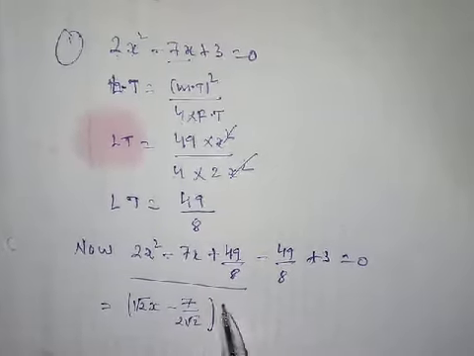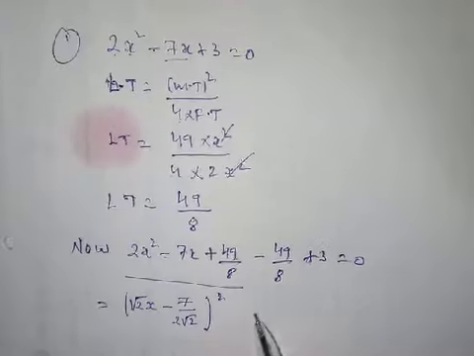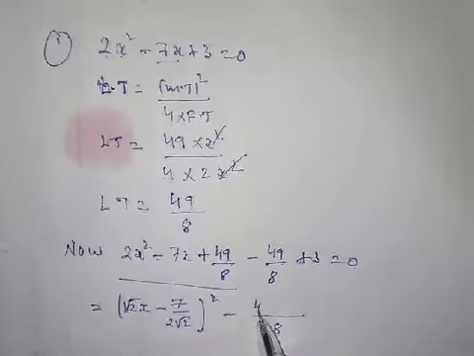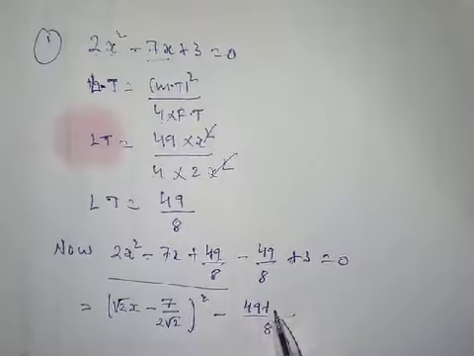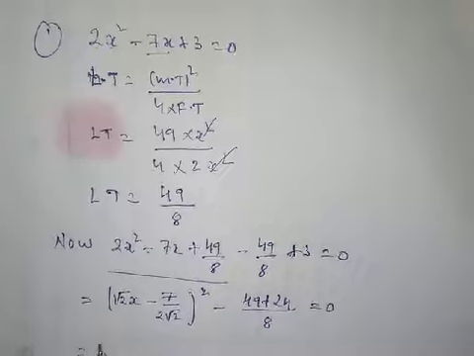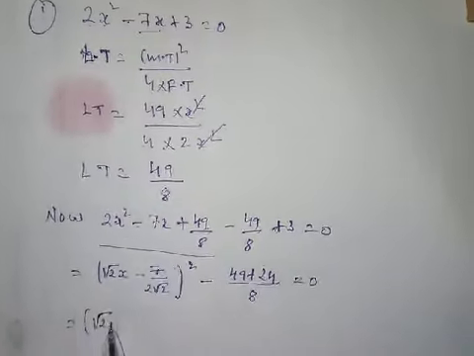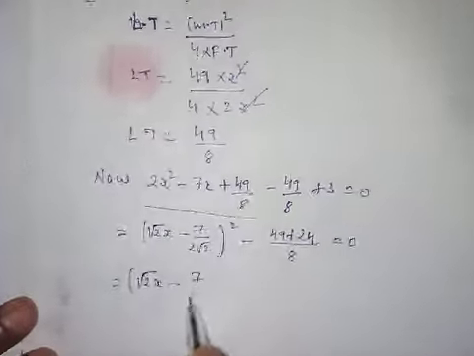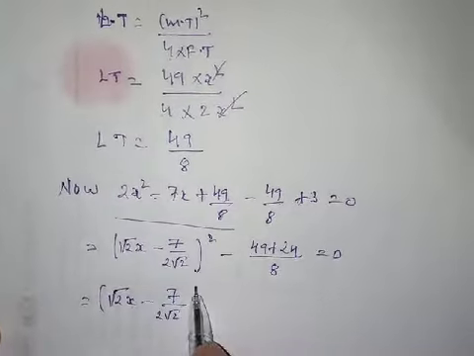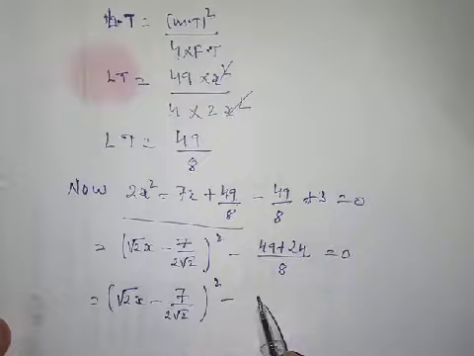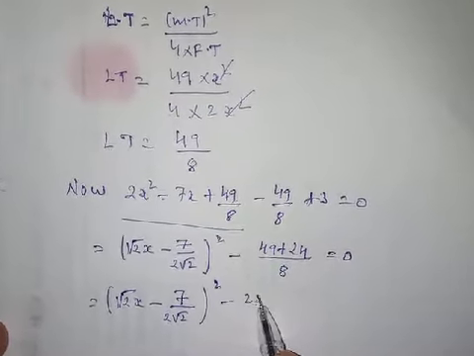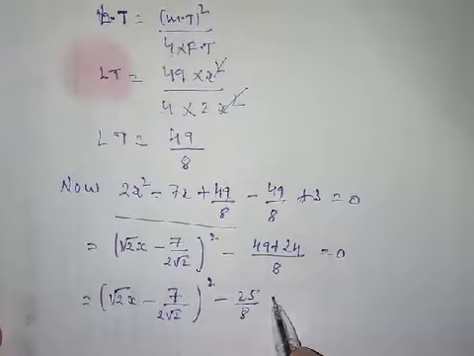So it is (root 2x − 7 upon 2 root 2) whole squared. Simplify this by taking the LCM. So you'll get 8, and 8 threes are 24, so 24 = 0. So what do I get? (Root 2x − 7 upon 2 root 2) whole squared minus, 49 minus 24 means 25 left, 25 by 8, equal to 0.